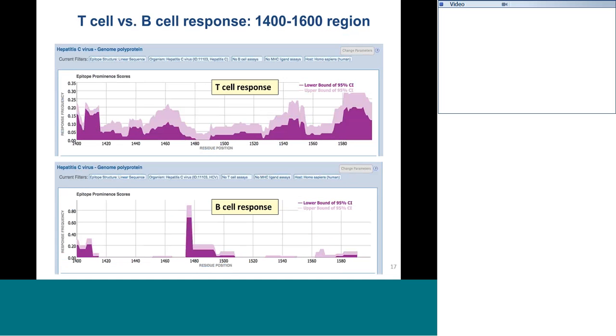If you compare the specific region for T-cell and B-cell epitopes, you can see in more fine detail that, for example, this specific region will produce a very high B-cell response, but almost no T-cell response. And some regions, for example, have never been studied for B-cell response, like this one.